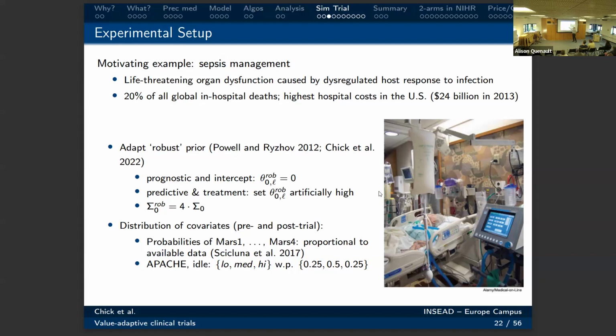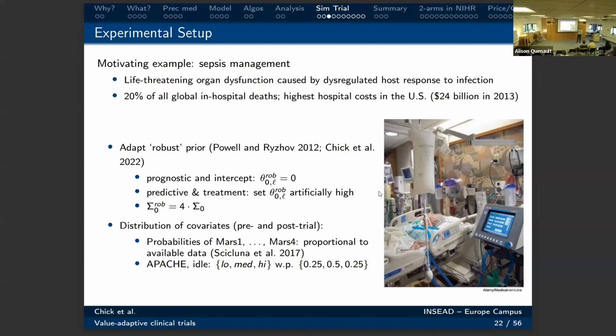One of the things that we found very useful here was to manipulate the prior distribution that would emerge from such a fitting by artificially setting to 0 the mean value of the prognostic effects and the intercept effects. But we have to do something different for the coefficient associated with a covariate and a treatment, those predictive effects. You want to set those artificially high so that the trial will force you to prove that the reward is lower. And that forces more exploration as you go through this process.